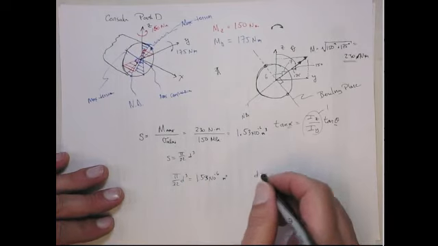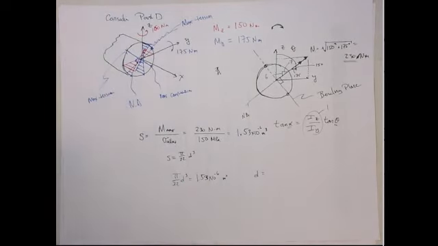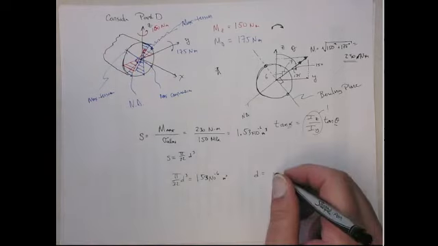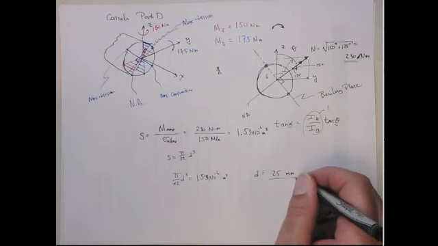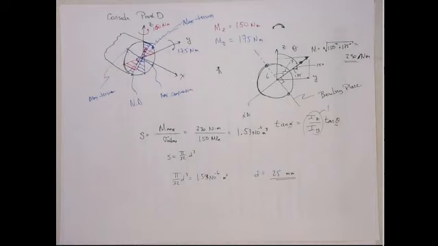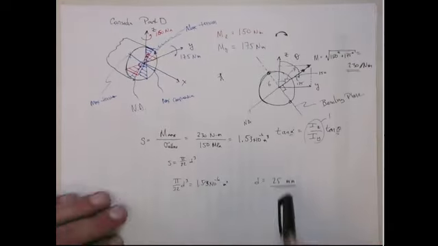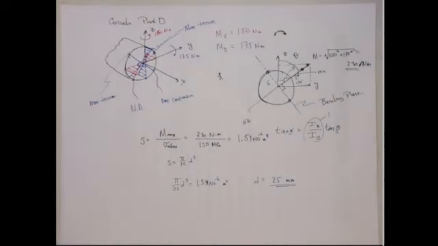Solving for d, this gives me that d is equal to 25 millimeters. All right? And so at point D, you need to have a shaft of at least 25 millimeters.